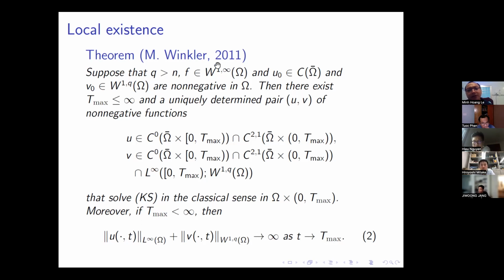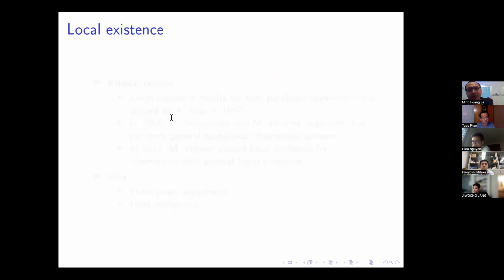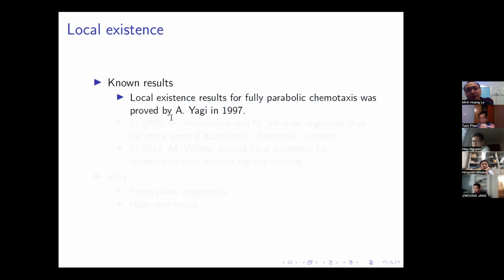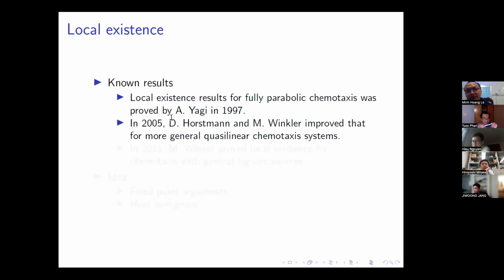Right. So this is not the first paper to prove global existence. There are many different papers from the past, since the 1970s, but I just borrow this theorem for convenience. So, some known results in the past. If you are interested in investigating local existence, you can see the paper of Amann in 1997.